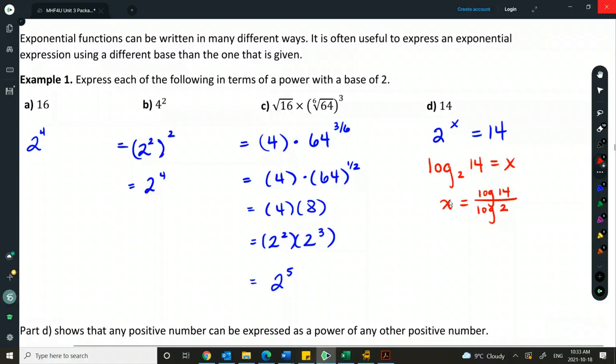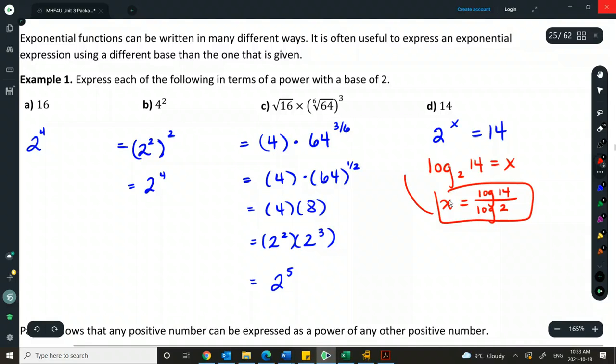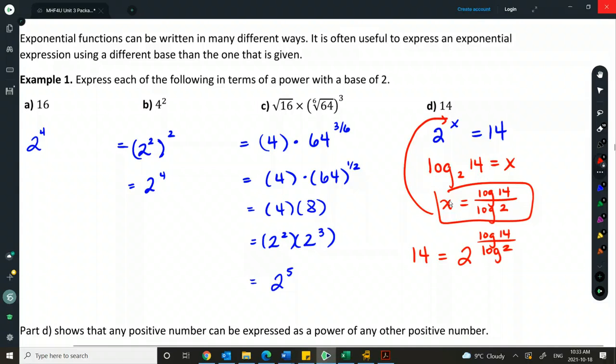So if I want to express 14 with a base of 2, I'm actually going to take this and sub it back into the exponent. So 14 will actually be equal to 2 to the exponent log 14 over log 2. Or if you want, you could even express it as a single logarithm like that.